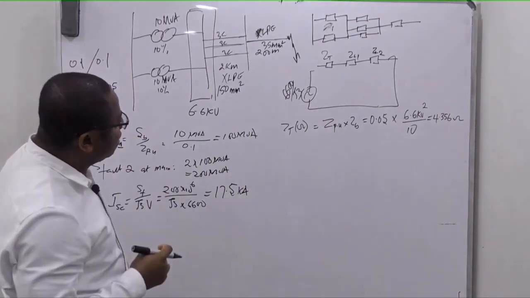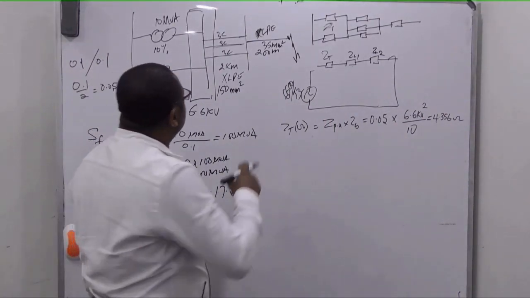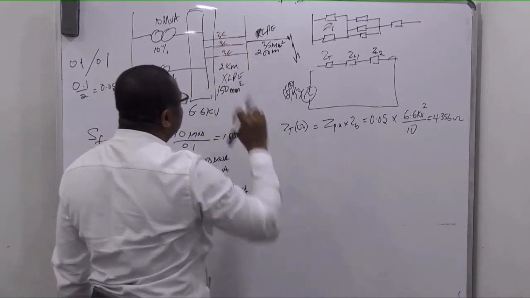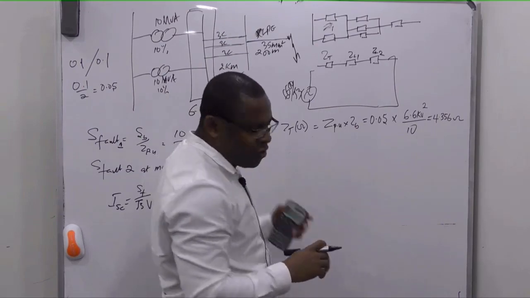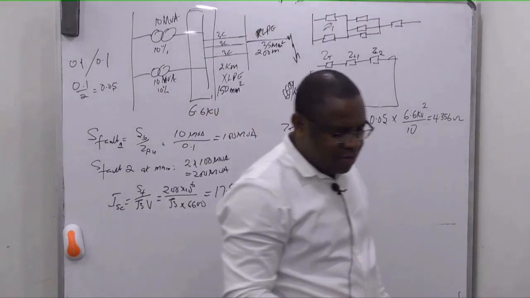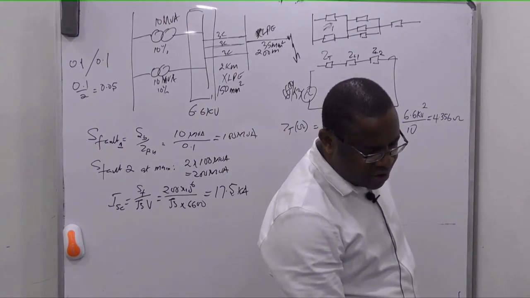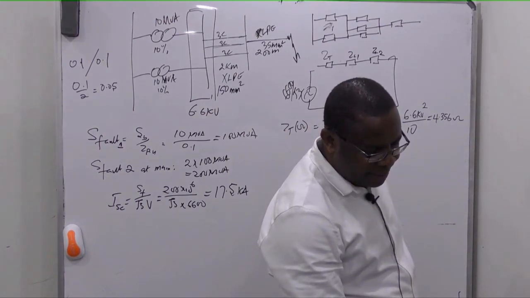Now that we have that, let's look for the impedances of the cables. It's XLPE 150, and you can use this Abade table here.